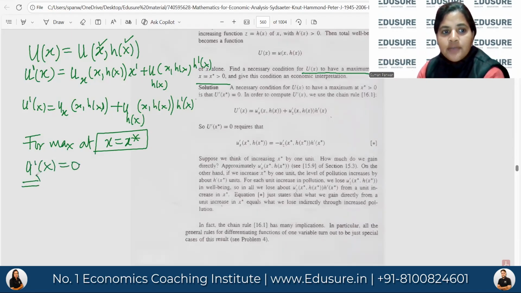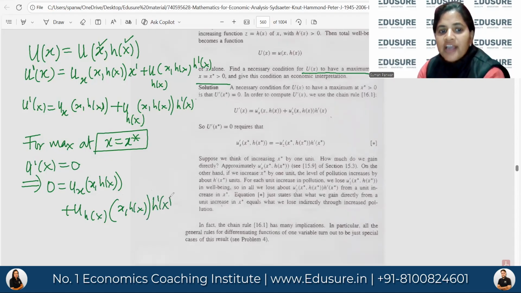So what does it mean? 0 equals ux x hx plus u hx x hx h dash x.